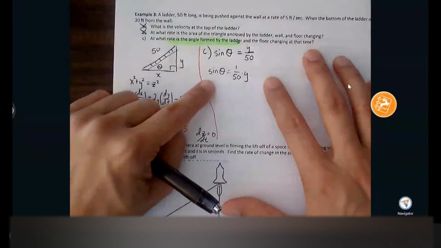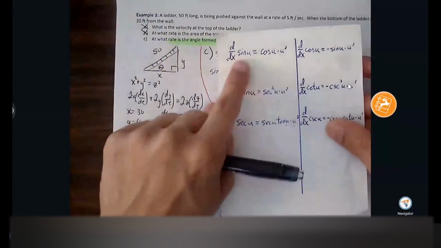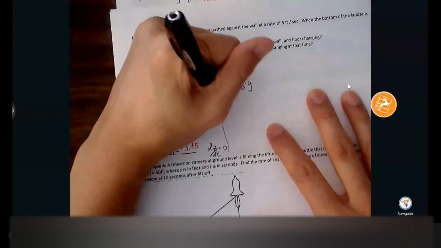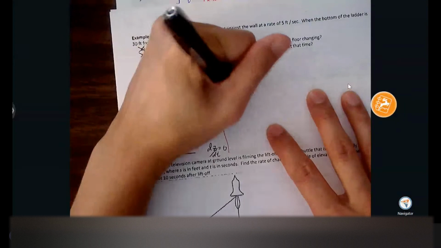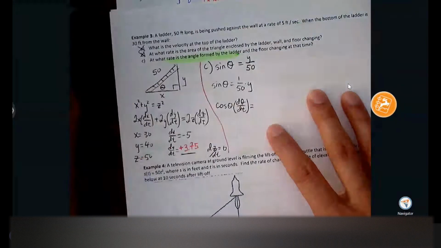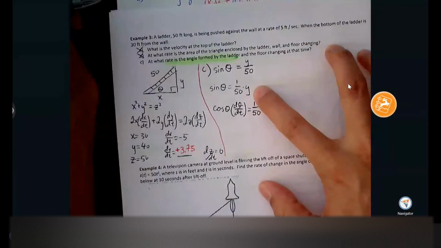We find the derivative. Sine becomes cosine. And we want to make sure we attach a d/dt. One over 50 coefficient. And then y becomes dy/dt.